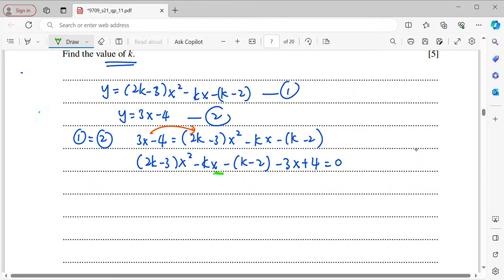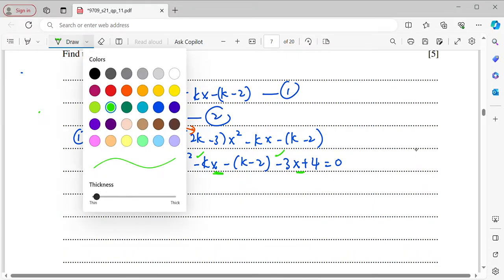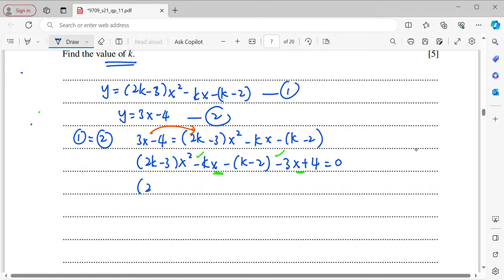So here is x, this is also x. Since both are minus, I can factorize the minus. So I will be getting 2k minus 3 x squared, then minus x bracket. Once you factorize the minus x, you will get k, and then minus 3x, you will be getting plus 3. And then the last one will be negative k minus 2.